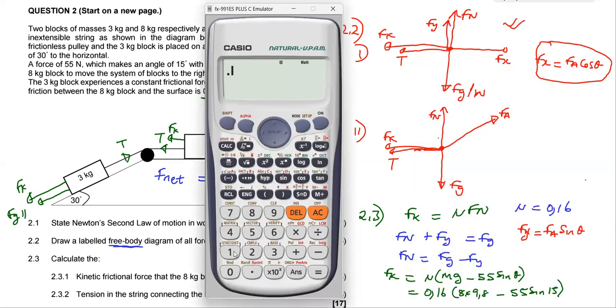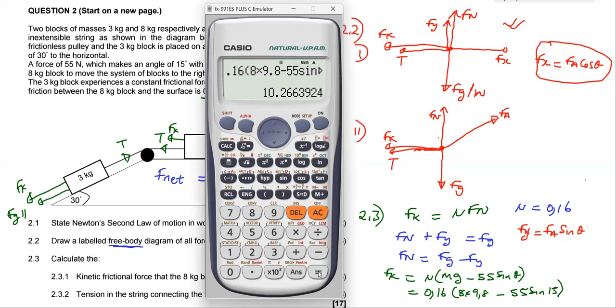So it's going to be 0.16 in bracket there, 8 times 9.8 minus 55 sine 15.